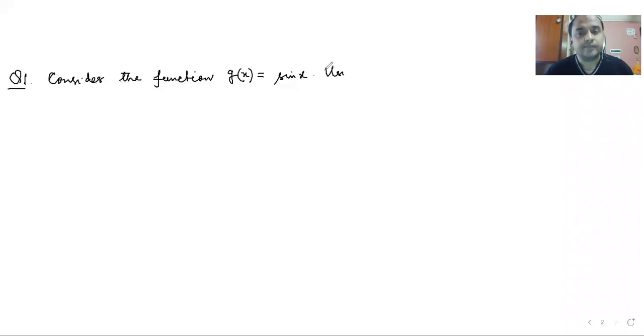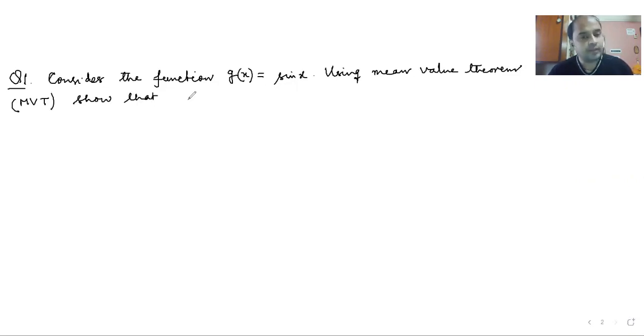Using the mean value theorem, show that minus x is less than or equal to sin x, which is less than or equal to x. So that is the problem which I'm going to solve right now.